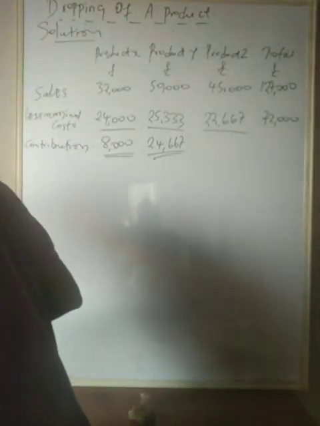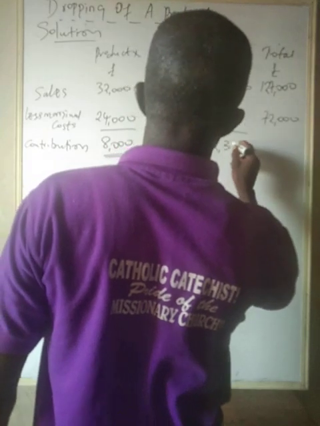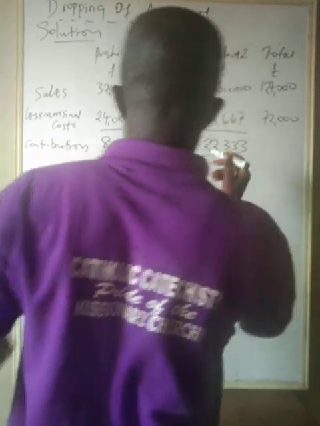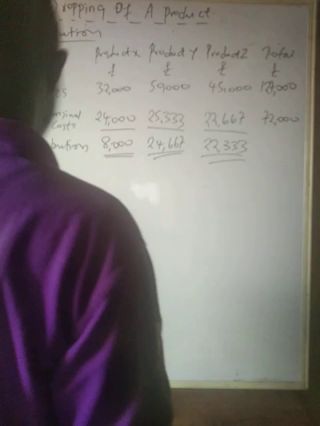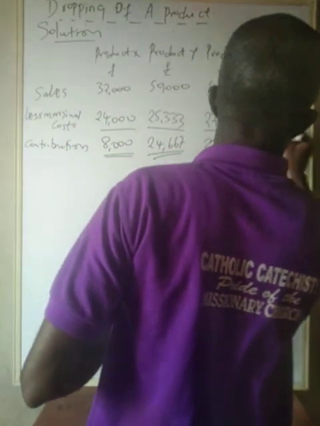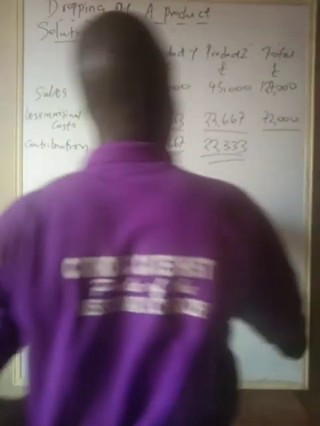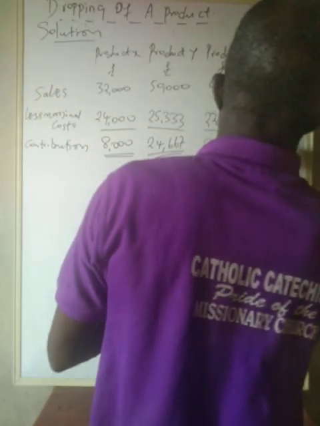And from product Z is 22,333. You can see, look at this, it gives us contribution. And the total contribution is 55,000 if you add this up.